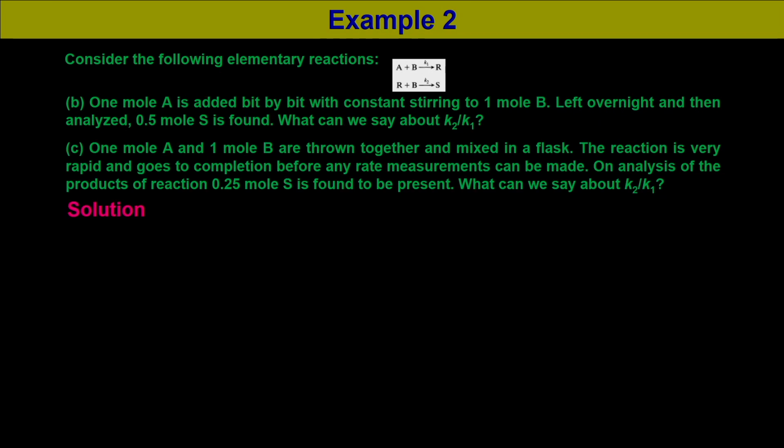Now, for the second case, 1 mole of A is added bit by bit with constant stirring to 1 mole of B, left overnight and then analyzed, and 0.5 mole of S is found. What can we say about K2 by K1? From this we cannot say.